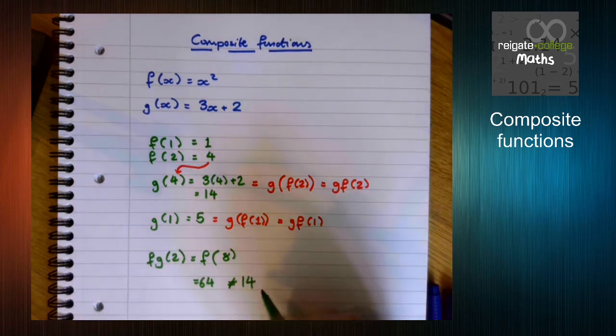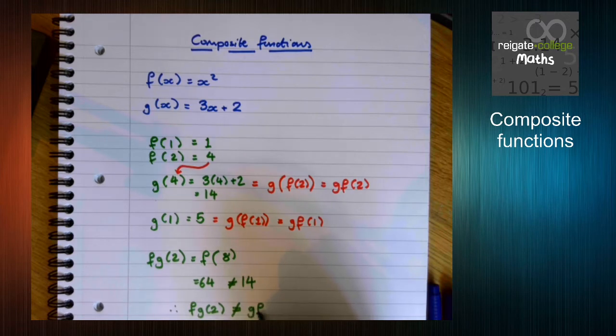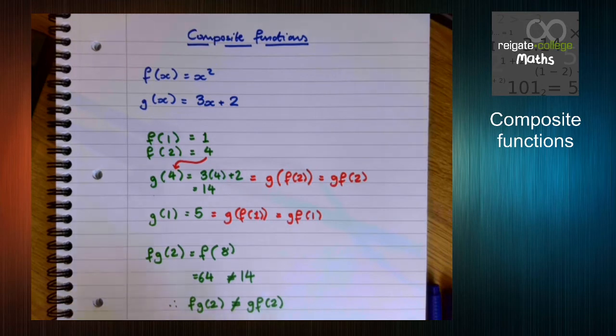But we can see that in this case, fg of 2 is not the same as gf of 2. And it's not just this case, it's the majority of cases that fg is not the same as gf. Obviously there are going to be cases where it is true, but in general it's not.